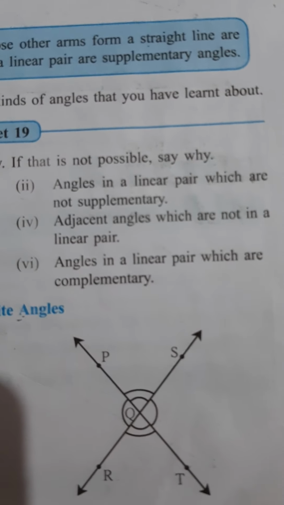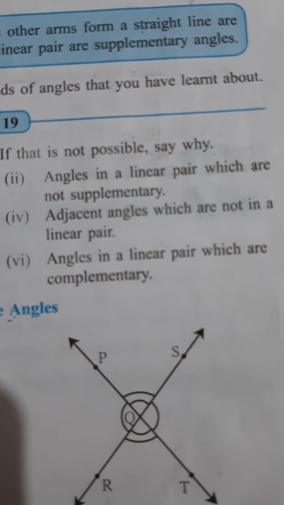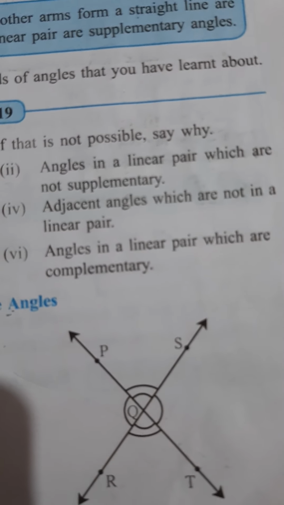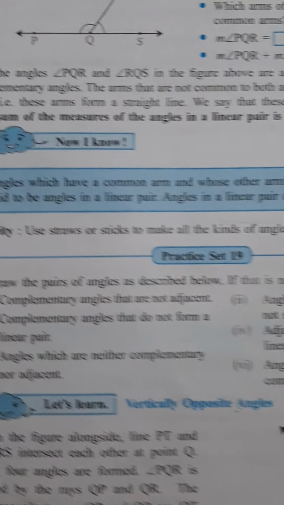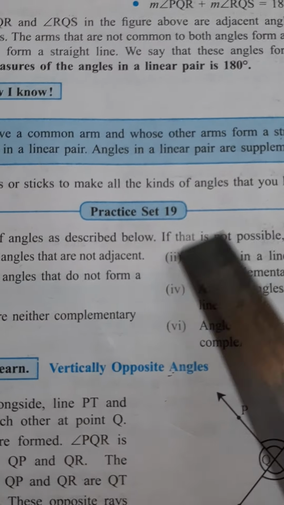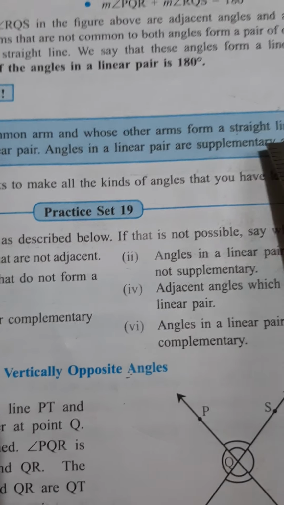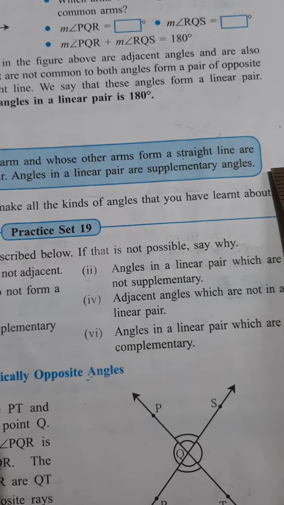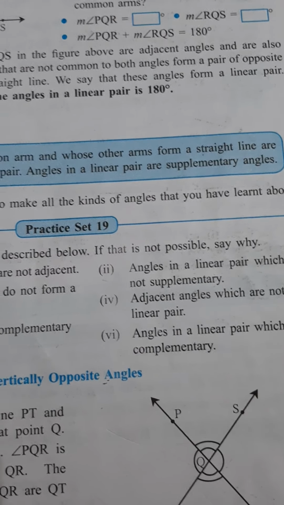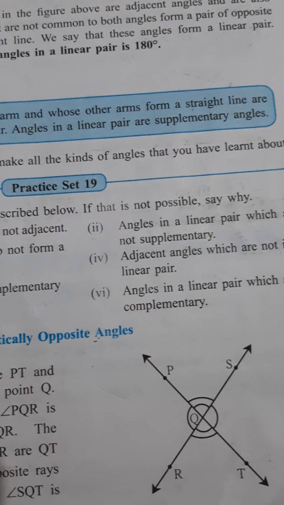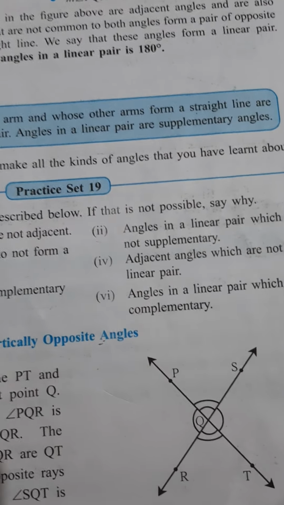See the second one. Angles in a linear pair which are not supplementary. As I have told you, here also the definition is given. Angles in a linear pair are supplementary angles. So we can't draw this figure, because angles in a linear pair are always supplementary.